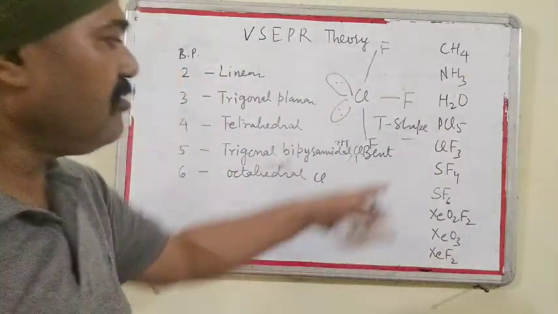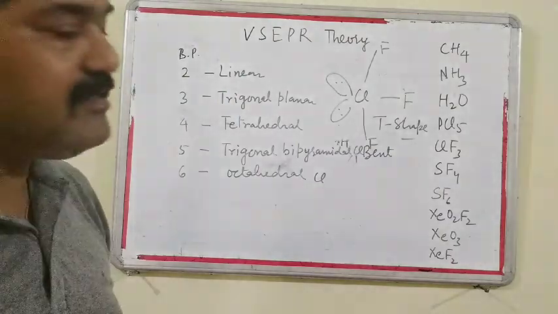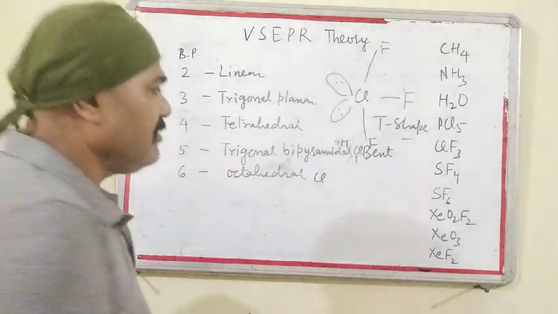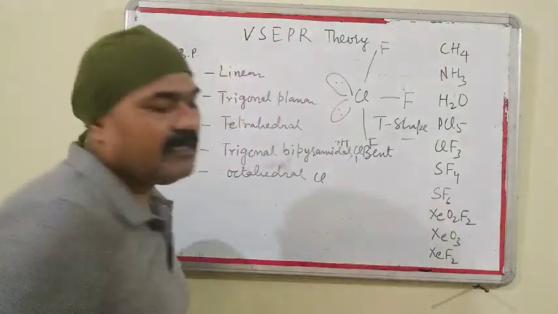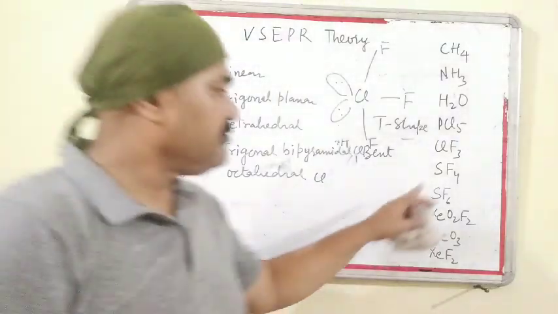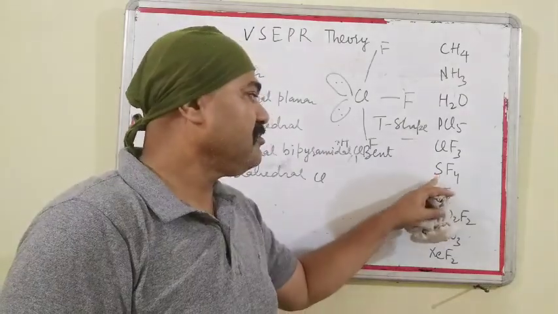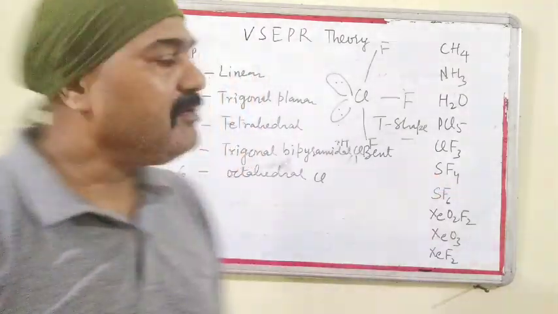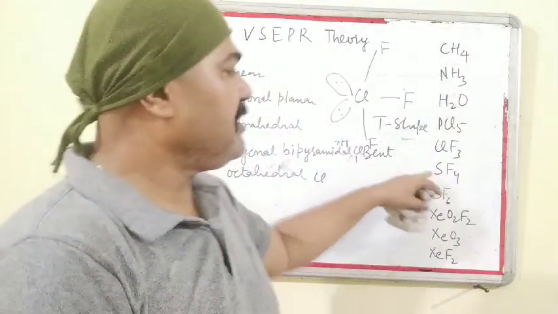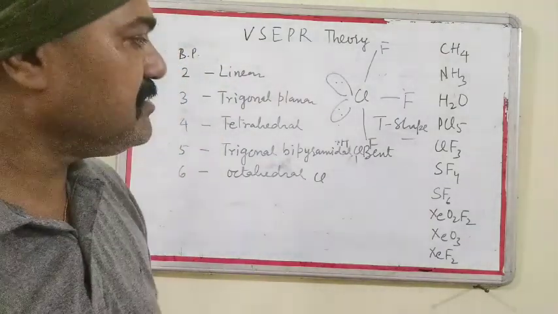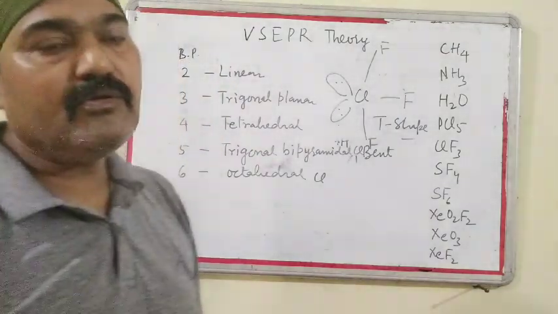Now we move to another molecule, that is SF4. In SF4, the number of electrons in the outermost orbit of sulfur is 6. It combines with 4 fluorine atoms, and it is left with 2 electrons in the form of a lone pair.